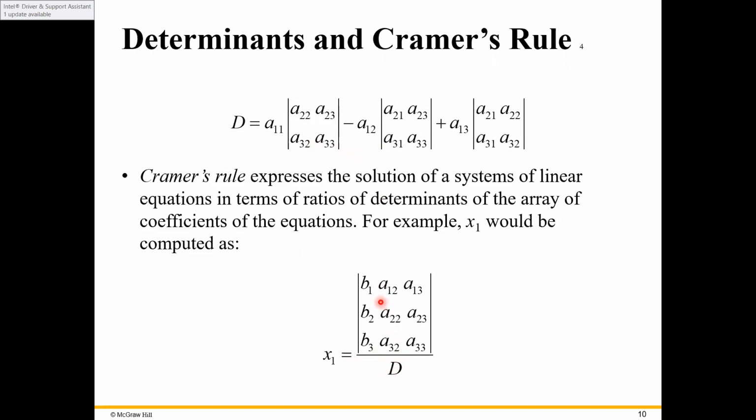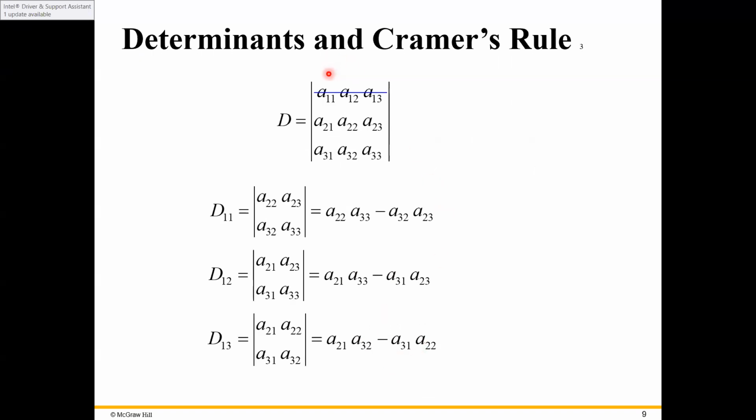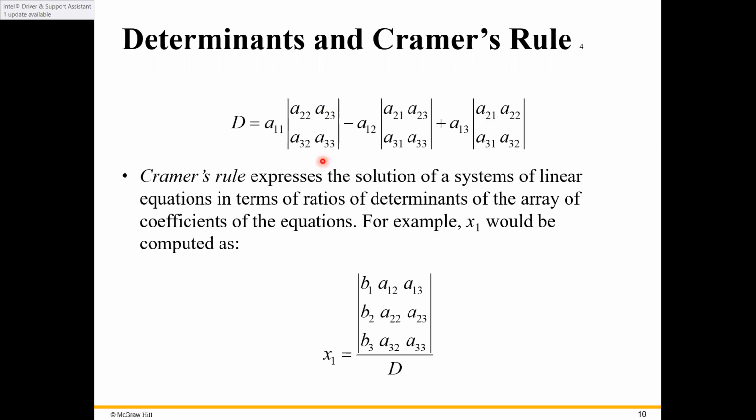The other determinant, corresponding to x1, will be obtained by replacing the first column of the determinant A with the values of B1, B2, and B3. In a similar way, the determinant in the numerator will be found.